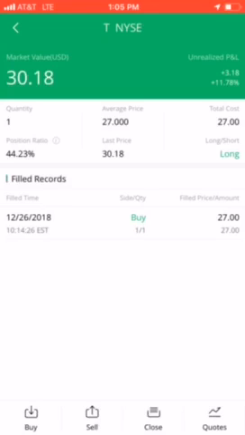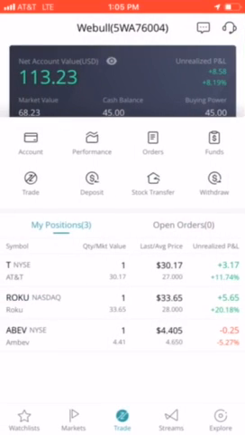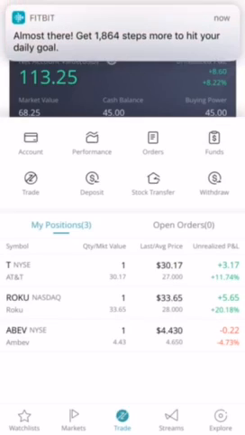When my RSI indicator shot down below 30, that became a good indication to me that I could buy a stock of AT&T and hold on to it for the long run. And since then, it's only been profit. It has not dipped lower than my original investment, and I am very pleased with my decision to buy in on a day that the market seemingly crashed.